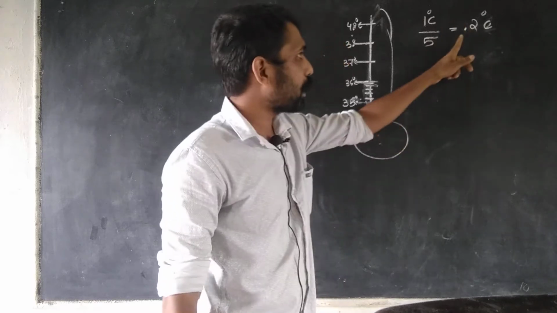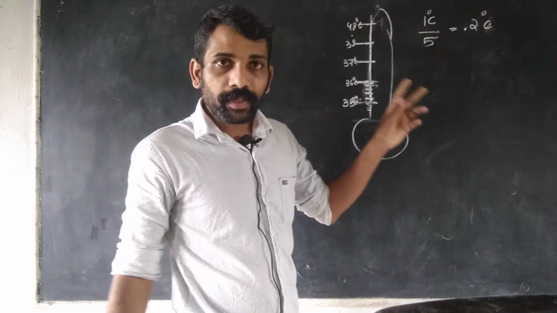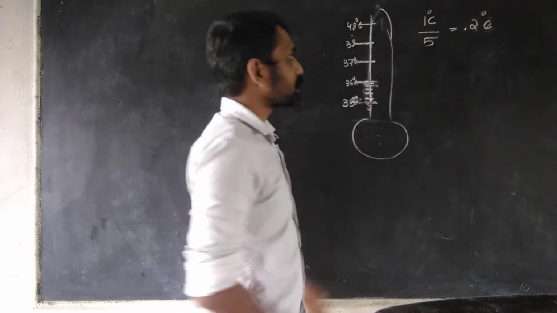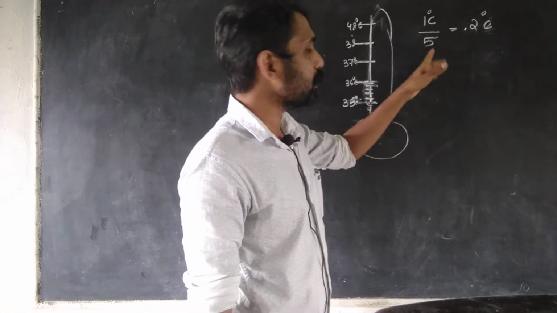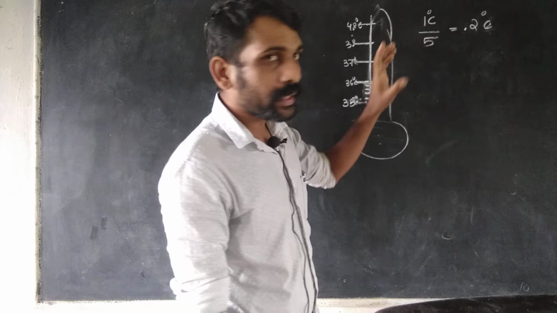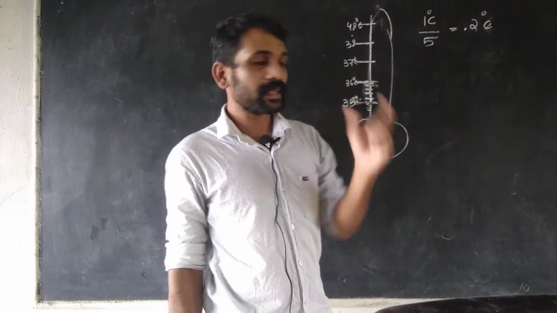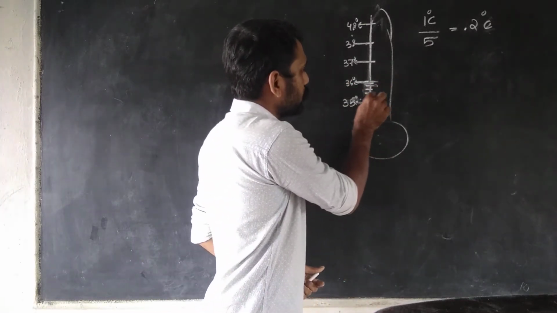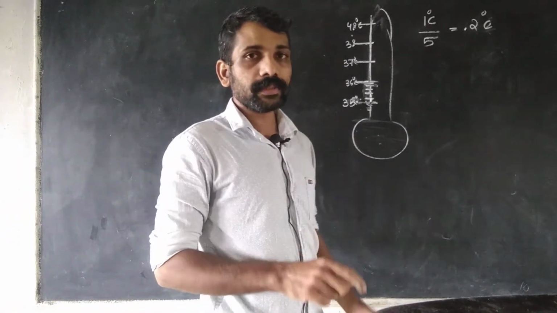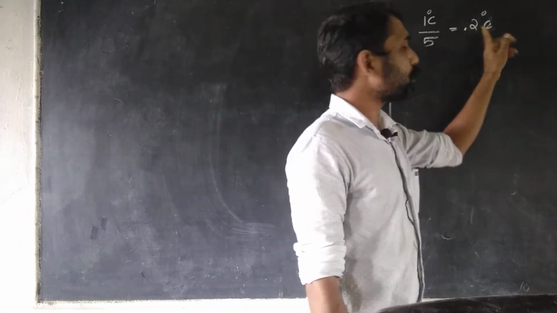In between two bigger marks there will be small divisions. So what is the value of 1 small division? We can get it by dividing 1 degree Celsius by 5, because 1 degree Celsius is divided into 5 equal parts. So the value of 1 part is 1 degree Celsius by 5, that is 0.2 degree Celsius.